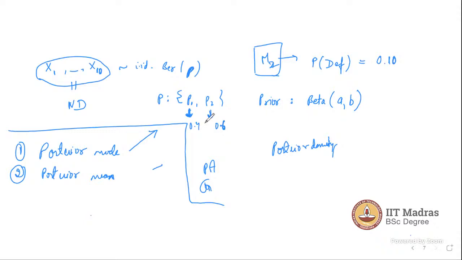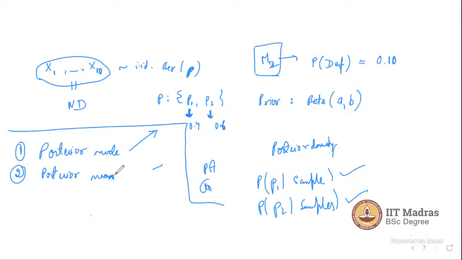If I have two different estimators for p, p1 and p2, we have to check which one gives the maximum probability. So we find the probability of p1 given the samples and the probability of p2 given the samples. Whichever is bigger is the posterior mode. This is just one method to find the estimate of the parameter.